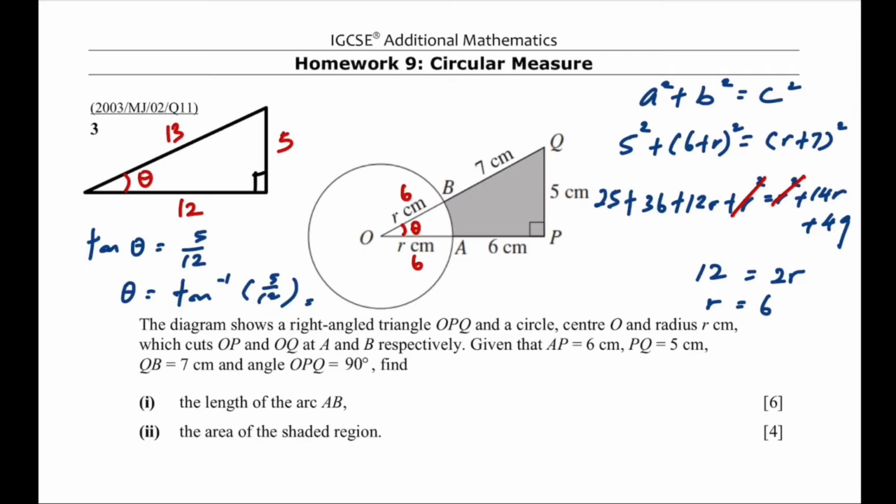So what is the value of theta? You can change to radian mode, so that it shows you the answer in radians straight away. It should be 0.395 radian when you round it off.